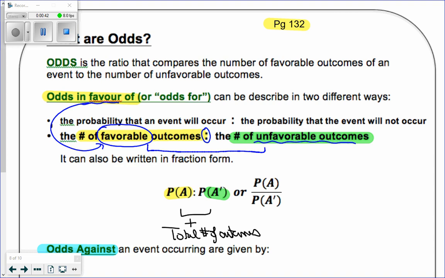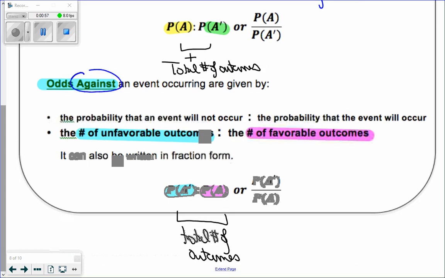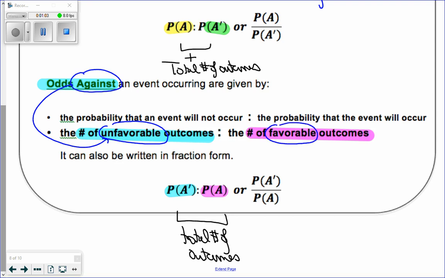If you add those together, you get the total number of outcomes. Okay? For odds against, the first number you will see is the unfavorable number, and the second number is the favorable number. Again, if you add them up, you will get the total.